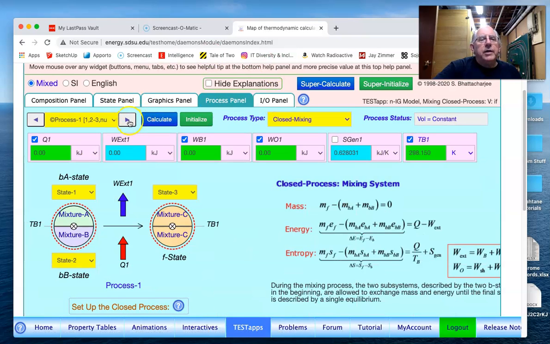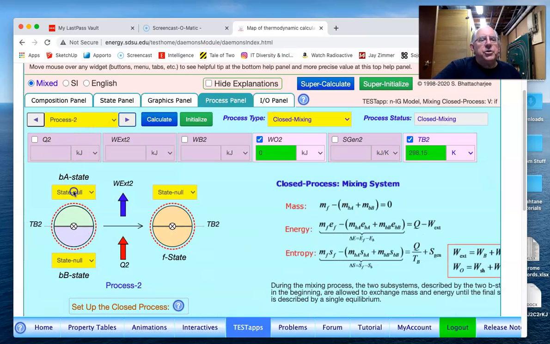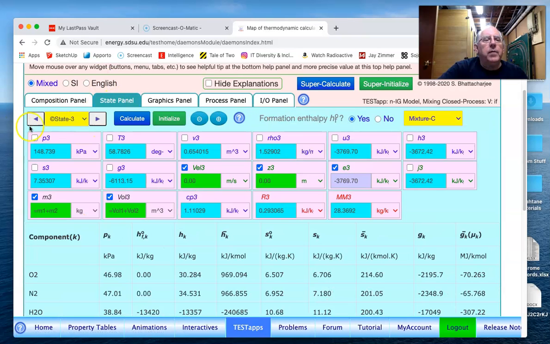This new process, which we'll call process 2, still comes in with state 1, still comes in with state 2, goes to state 3, and now in this particular state, we're going to make the assumption that there is heat transfer. And let me back up a second here.